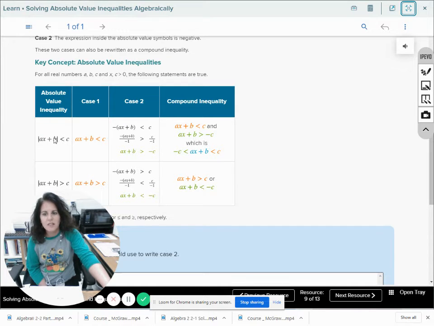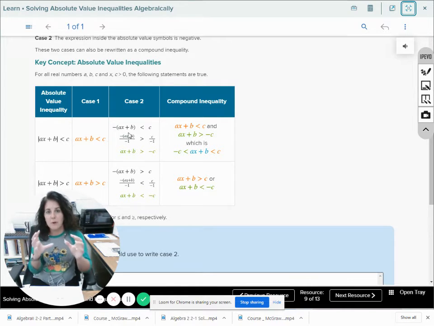That's like dividing both sides of my inequality by -1. The golden rule of inequality says if I divide both sides by a negative, I've got to flip the symbol. So when I look at the negative case, it's no longer less than, it ends up being greater than that negative value.